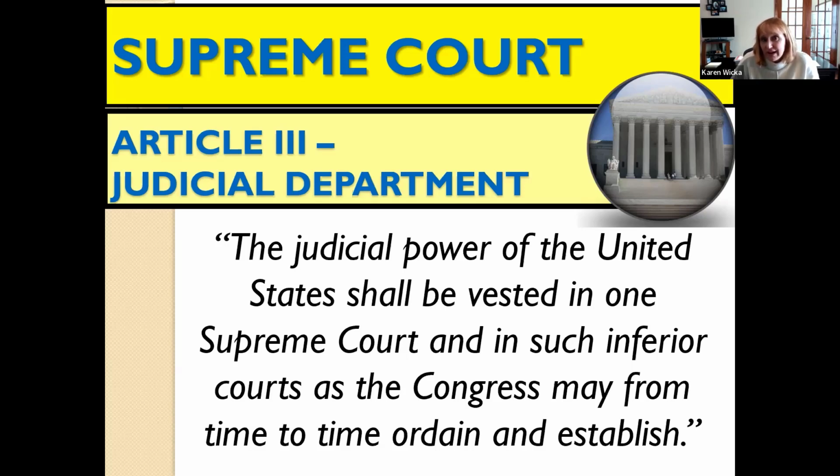If you read this carefully, it tells you that the Constitution only requires one court, the Supreme Court. It gives the power to the legislative branch, Congress, to decide what other courts should exist. A strict interpretation says the only court that has to exist under our Constitution is the Supreme Court.